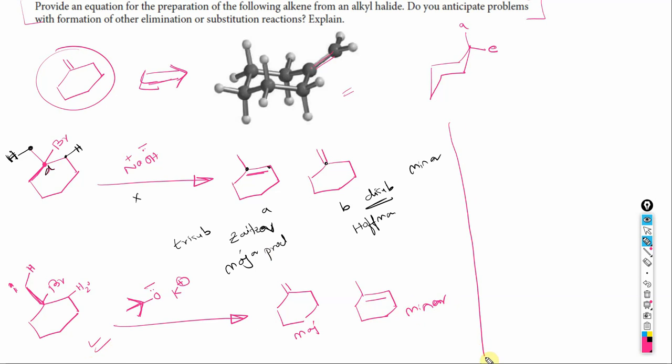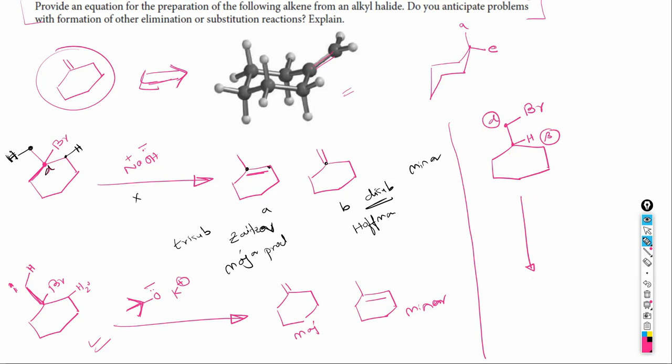Now an even better way to make the same alkene is to take another isomer of the alkyl halide. So you can start with the leaving group on the terminal carbon. Here, if this is the alpha carbon, there is only one beta carbon and there is only one hydrogen on the beta carbon.